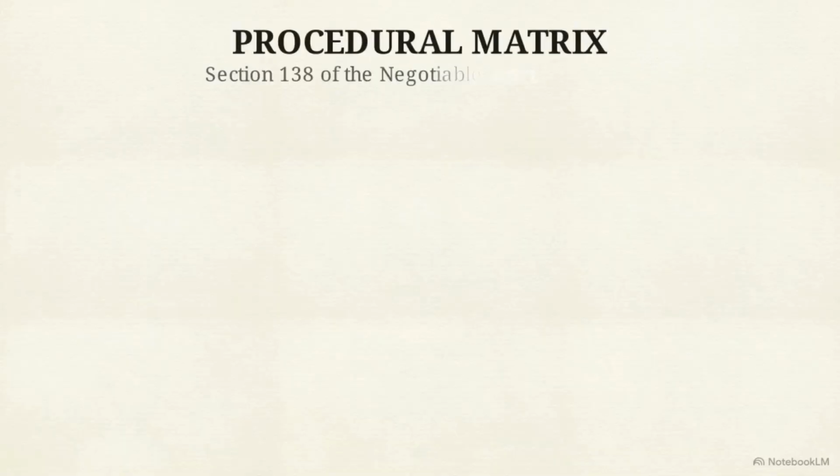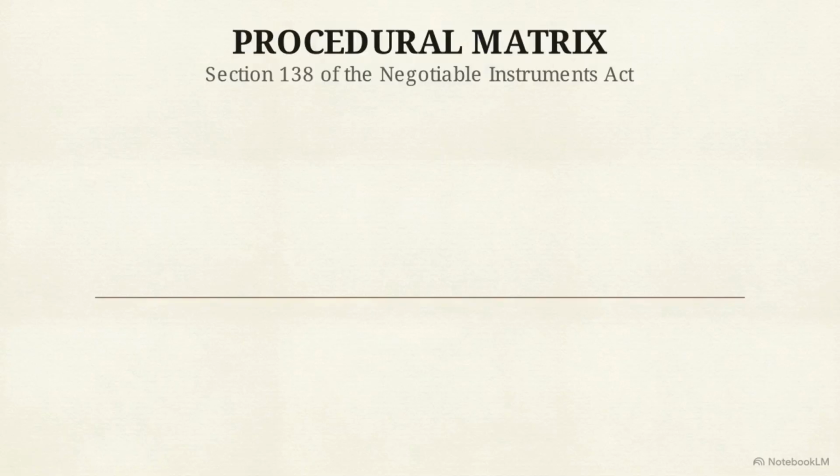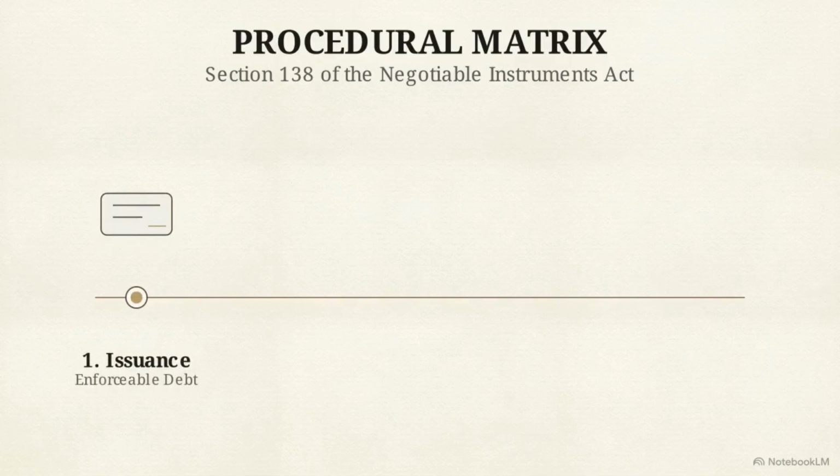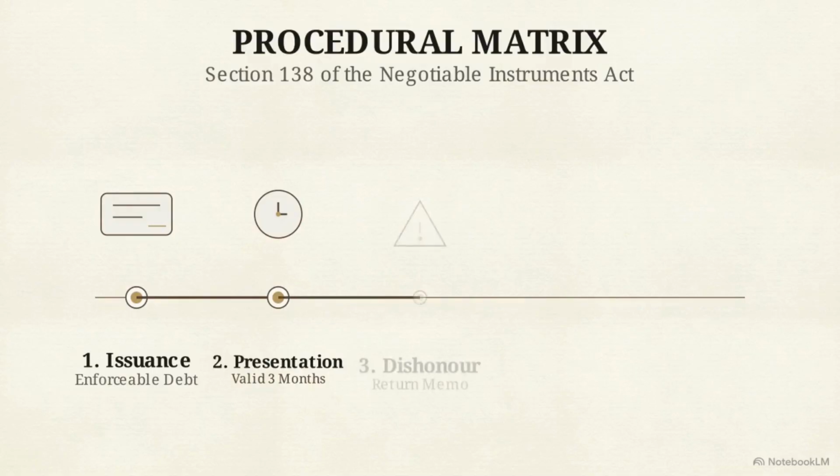This timeline tracks the absolute prerequisite for this escalation. 5 precise statutory conditions must be met in perfect chronological order. First, the check must have been formally issued to discharge a legally enforceable debt. Second, the instrument must be presented to the bank within its strict validity period of 3 months. Third, the check must be returned unpaid, officially triggering the dishonored status.